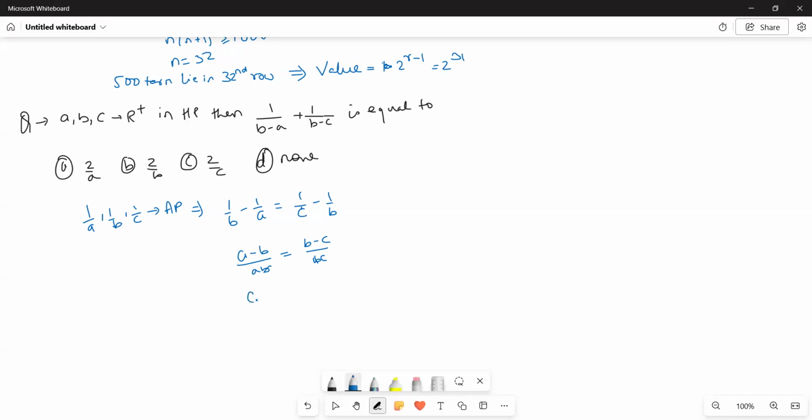So we get A minus B by A is B minus C by C. And 1 by B minus A plus 1 by B minus C का वैल्यू चाहिए.